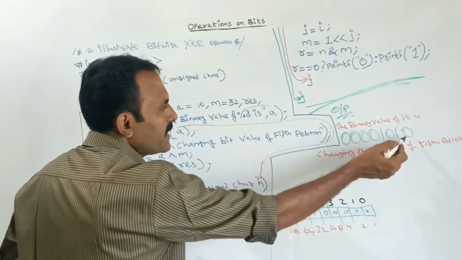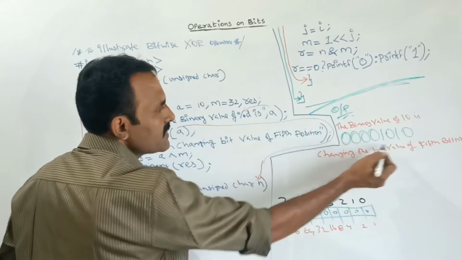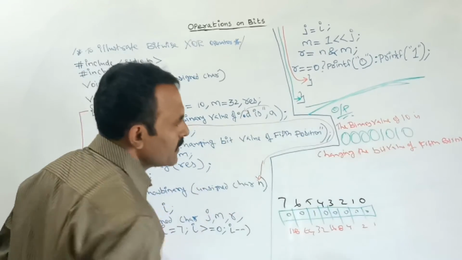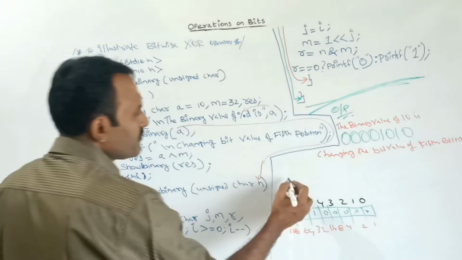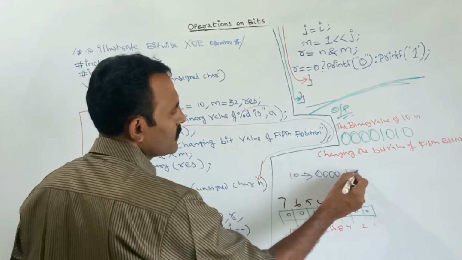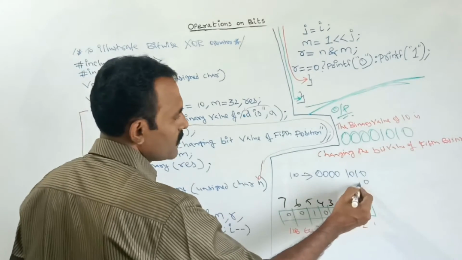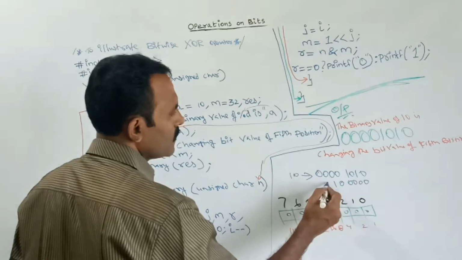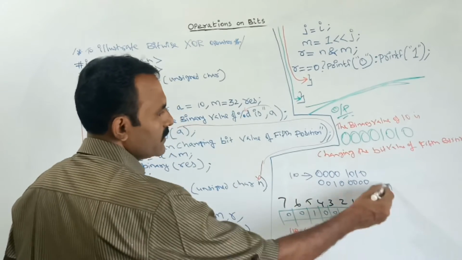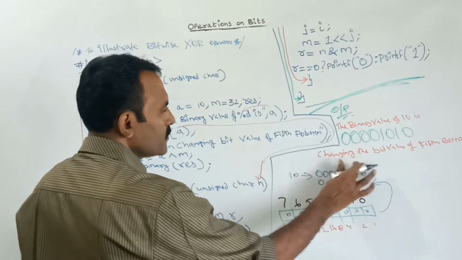Here this is the binary value. I am going to change the 5th position of this binary value of 10. So for the 10 value, by using this mask value, this is the mask value, which position am I going to change? This position.